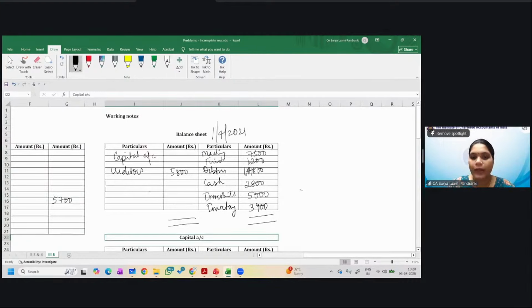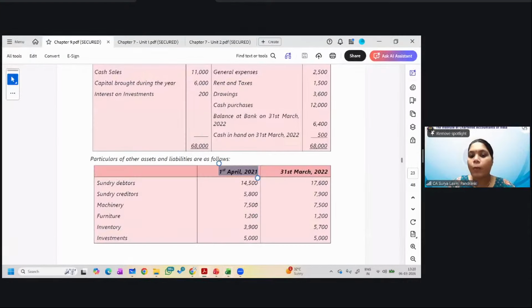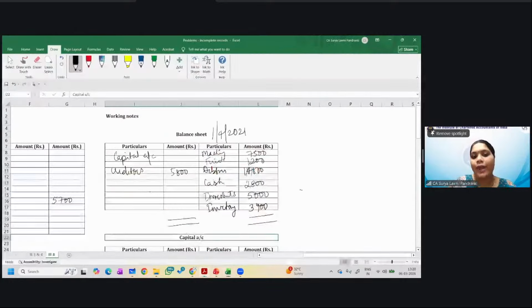This is also called opening balance sheet. So I've taken all the opening values and I have created this balance sheet. Whatever is the balancing figure will be my capital account balance. What is the balancing figure? Calculate the balancing figure. 29,100. Done.